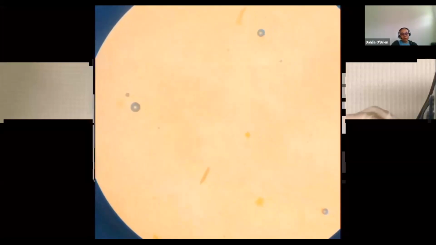What you're seeing now is what you'll see under the 10x magnification of a scope. You'll see right between those two lanes, and you'll count all the strongyle eggs that you see. This was a bad sample.